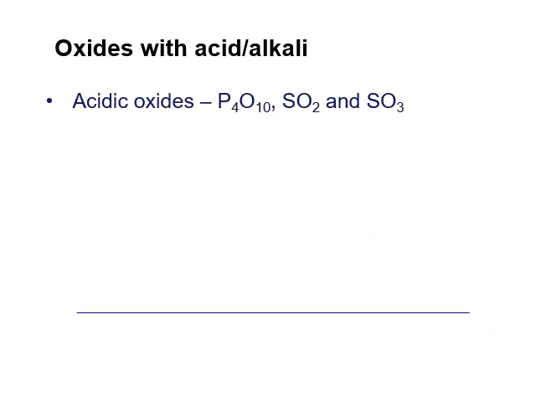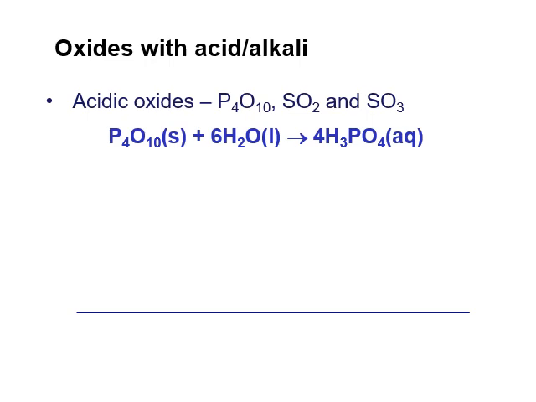Looking at our non-metal oxides then, we'll start with the phosphorus pentoxide. So we know that the acid that makes is H3PO4, and we've therefore got the reaction of H3PO4 with an alkali. So rather than seeing, as we did before, the oxide reacting with the acid or base, it really is in this case the phosphoric acid that's reacting with the alkali. So we look at it slightly differently.